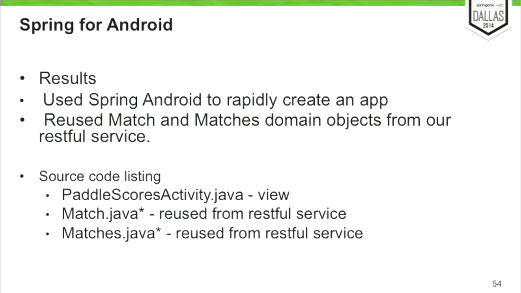So, Spring for Android results: we were able to use it to rapidly create an app. And we were able to reuse the match and matches domain classes that we created for the RESTful service, since this is Java, we can use them here. So now your server side and your client side are using the same business objects. If you add a field, you can recompile them both, and they'll both know about it without having to do that separately.